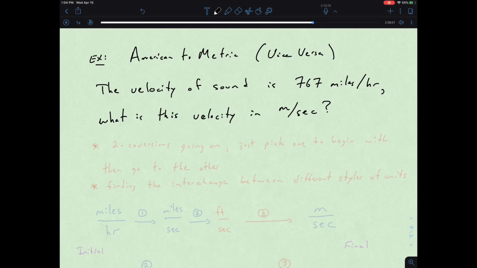So the difference here now is that we actually got two units, right? We have a numerator and a denominator. And so how do we work that? So in the beginning, there's two conversions going on. Just pick one to begin with.